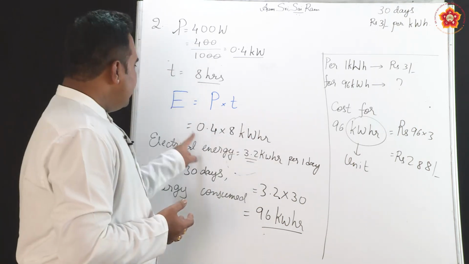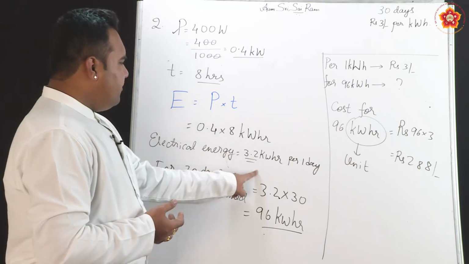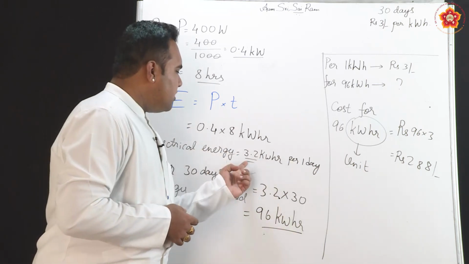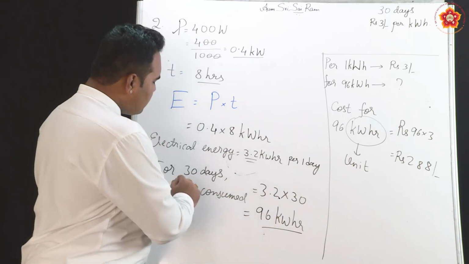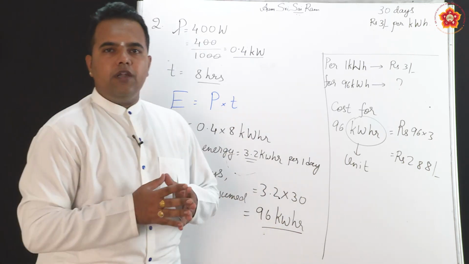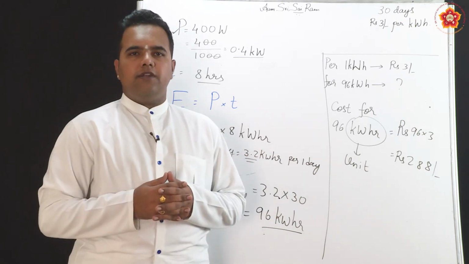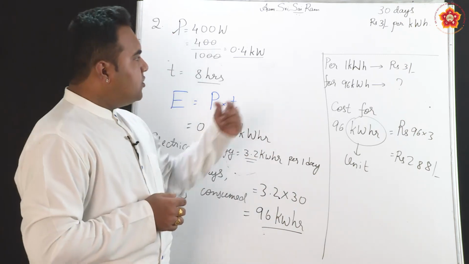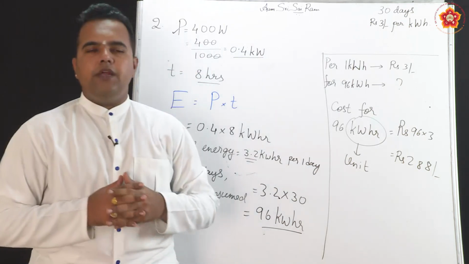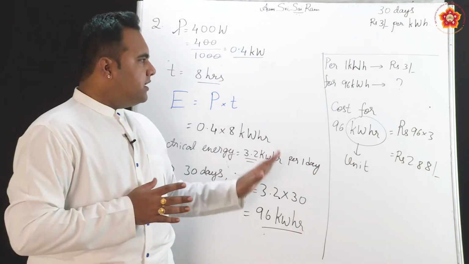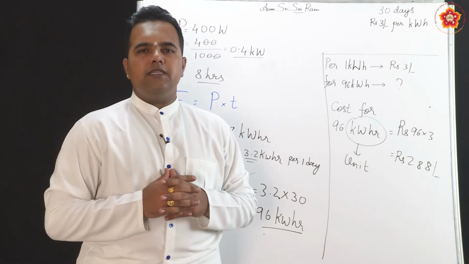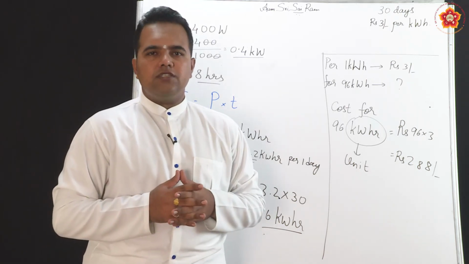Now, that electrical energy for 1 day, we know the number of units consumed for as many days that are asked. In our question they are asking for 30 days. So, it will be 30 into whatever number of units that you are getting. Now, for each unit the cost is given for us, 3 rupees. For these many units what will be the cost? So, this is the general way in which we solve numericals related to calculating the cost of electrical energy.